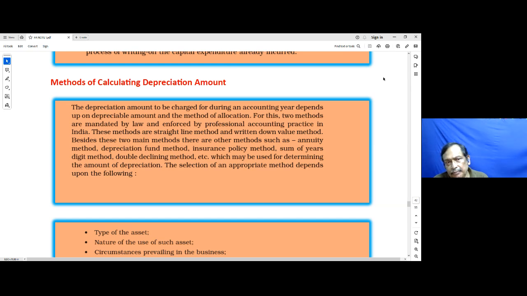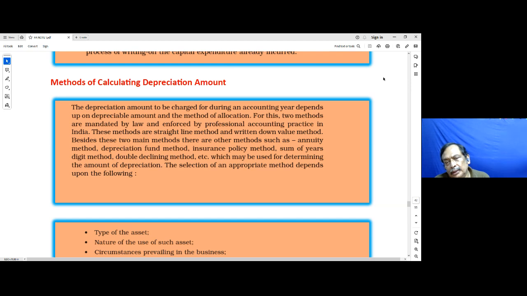These two methods are mandated by law and enforced by professional accounting practice in India. These methods are straight line method and written down value method. But other than this, there are other methods also which are not included in your foundation level. Just for academic interest, I have written annuity method, depreciation fund method, insurance policy method, sum of years digit method, double declining method, etc., which may be used for determining the amount of depreciation.